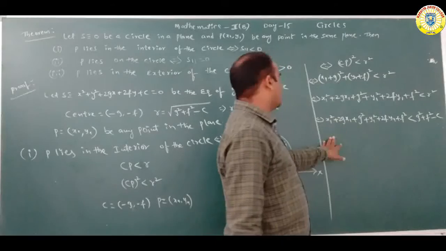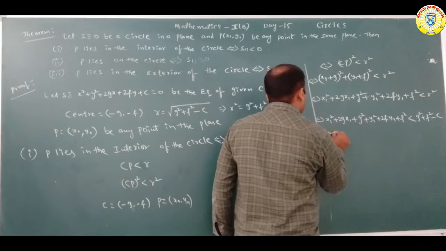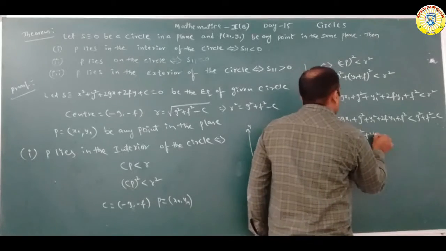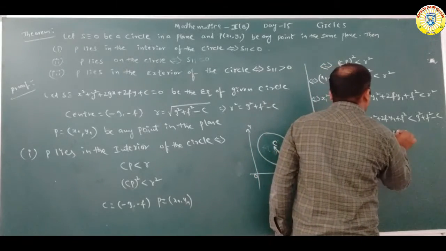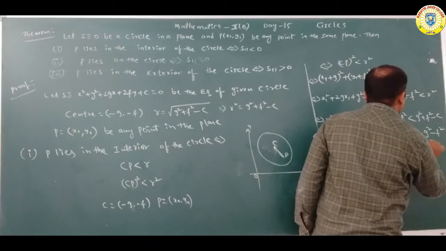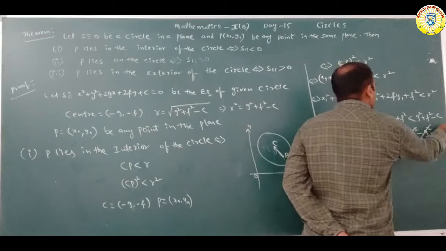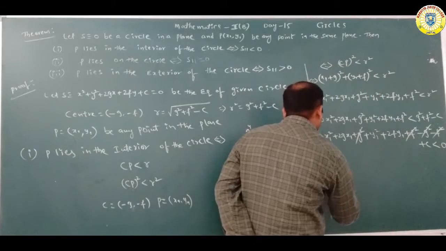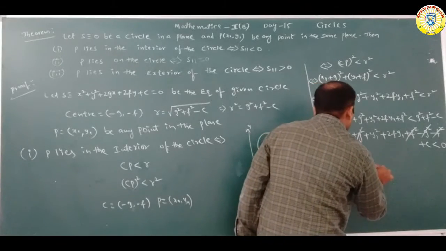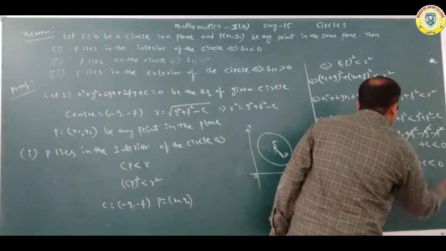This total value we are taking to the left side: x1 square plus 2gx1 plus g square plus y1 square plus 2fy1 plus f square minus g square minus f square plus c less than 0. Here g square minus g square cancel, and f square minus f square also cancel. The remaining value is x1 square plus y1 square plus 2gx1 plus 2fy1 plus c less than 0.